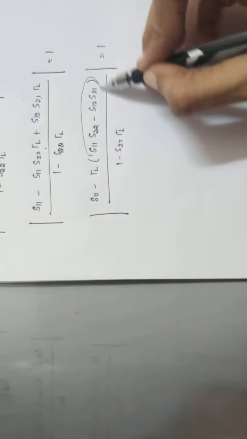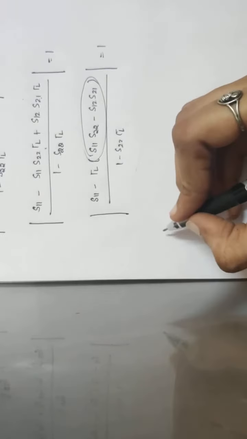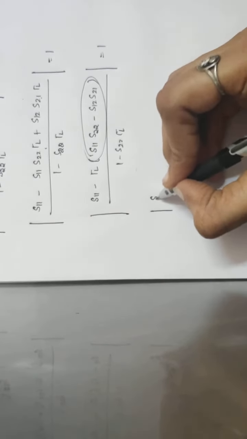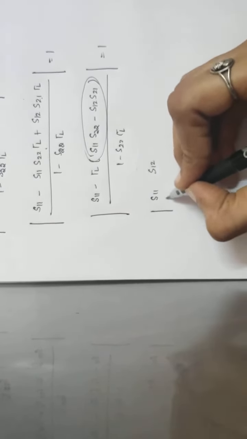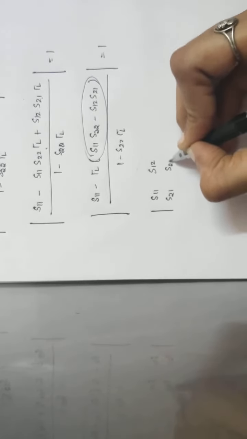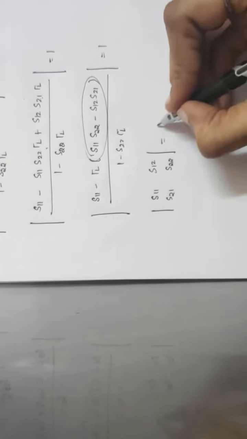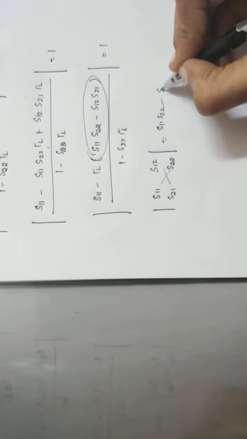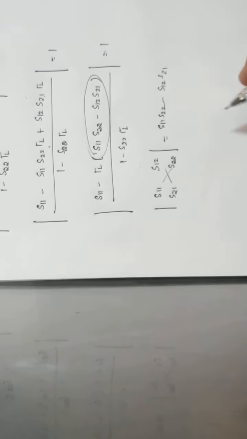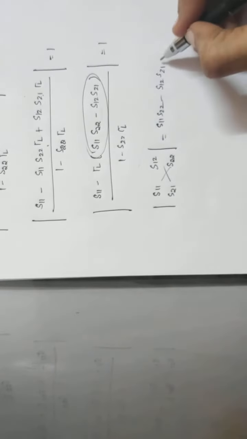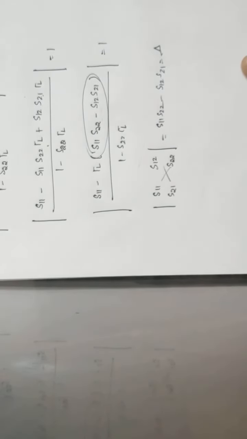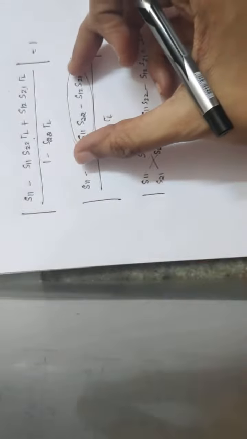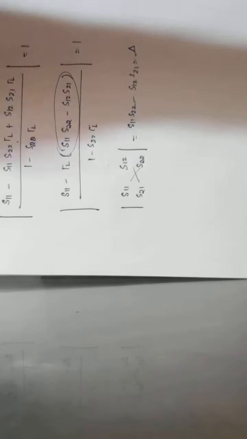Now if you see this particular value, we know that the S matrix of a two-port network is S11, S12, S21, S22, and the determinant of this is S11 S22 minus S12 S21. So this value is nothing but the determinant Δ of the two-port matrix. So I am going to replace this value and write it as Δ.